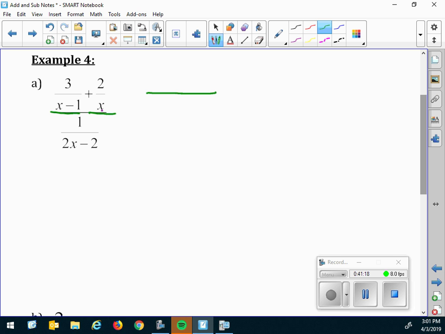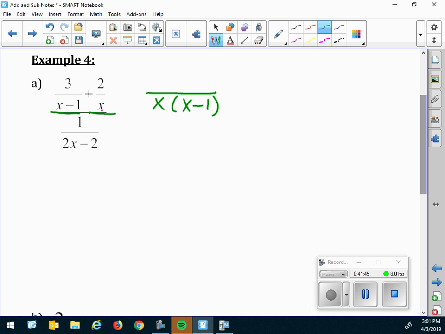Do you have anything common? And don't tell me x is common, because this is x minus 1. That is a thing. X minus 1, they are married because they are a denominator together. So my common denominator is x times x minus 1.